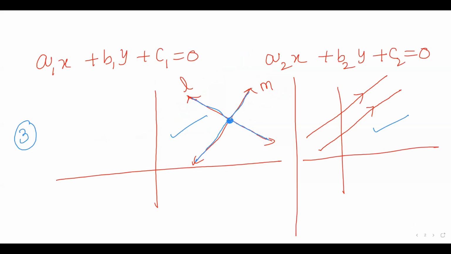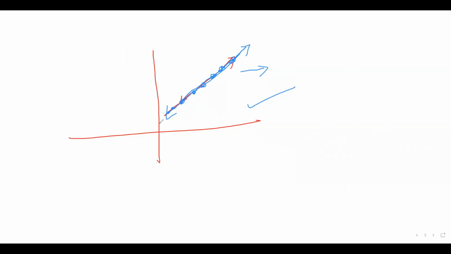Intersecting lines meet at one point, so they have unique solution. Parallel lines will not meet each other, so no solution. Coincident lines meet at many points, so they have infinitely many solutions.